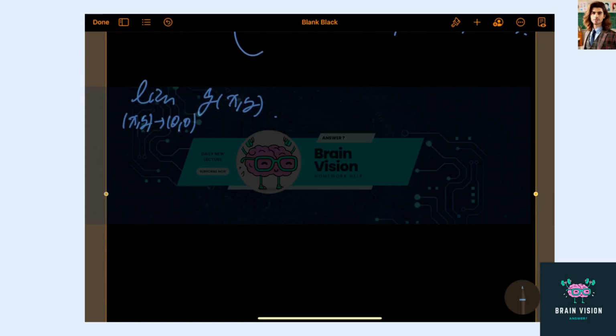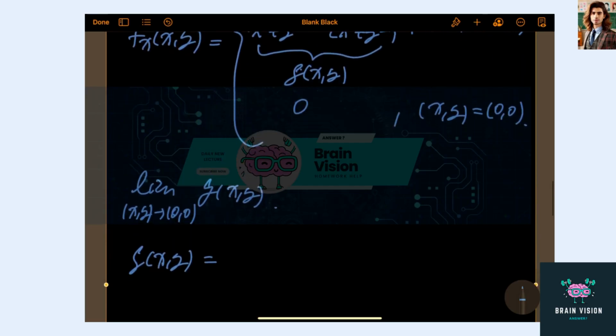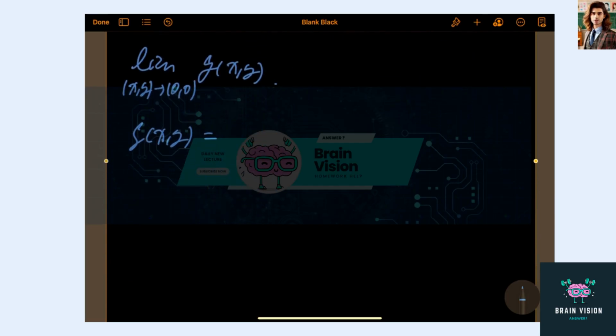Okay, so let's simplify g of xy. We can write this as y to the third minus x squared times y over x squared plus y squared, squared.